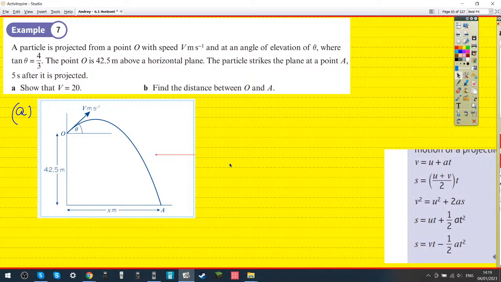Why not? So that's arctan of 4/3, which is 53.1. Okay.